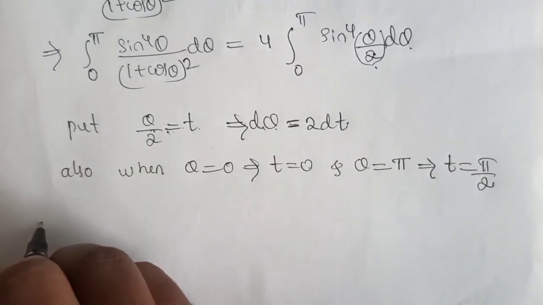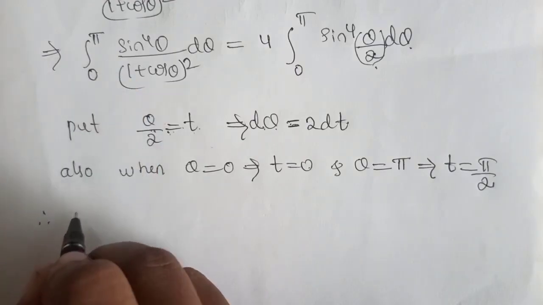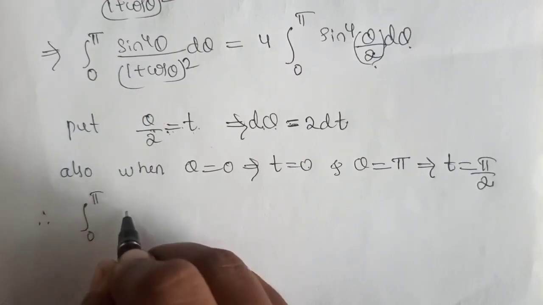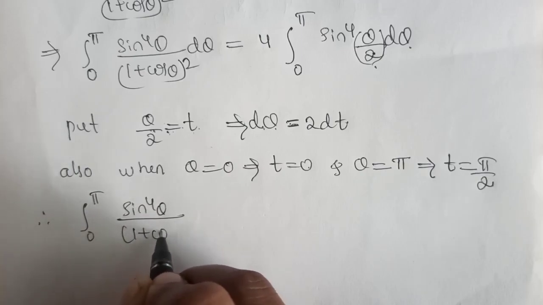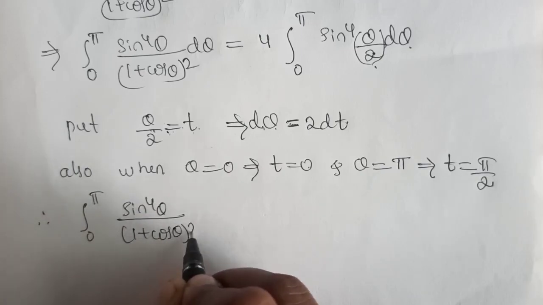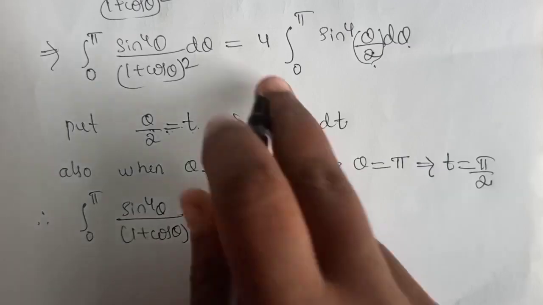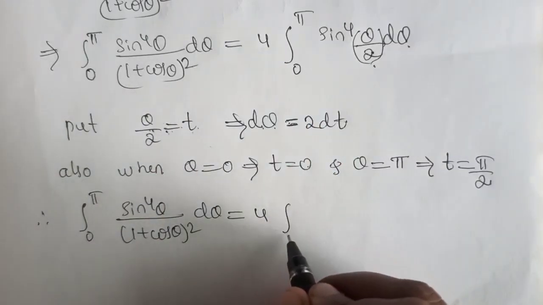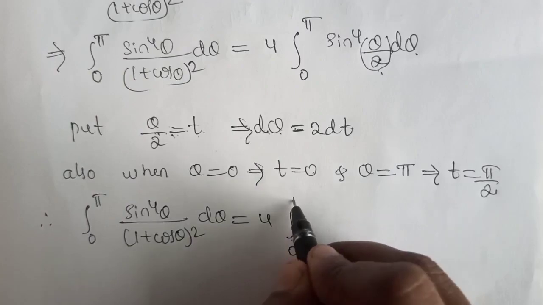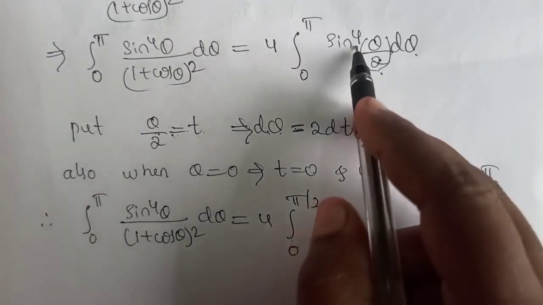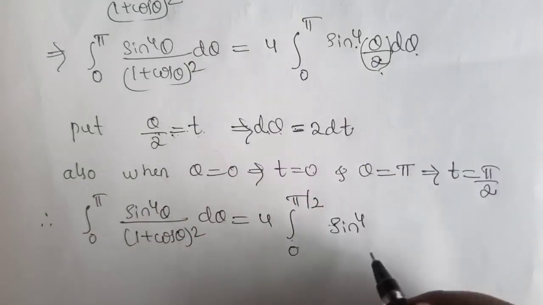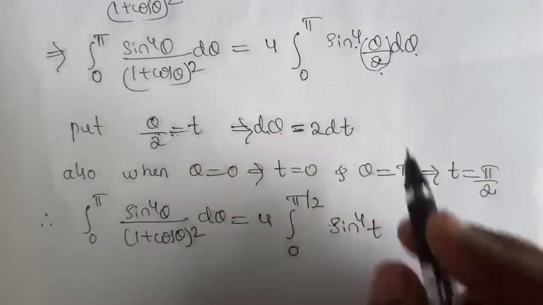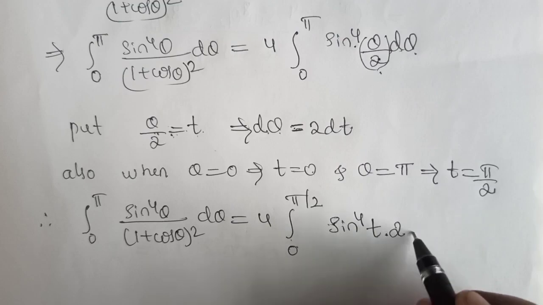Therefore, this can be written as integration 0 to pi sin power 4 theta (1 plus cos theta) whole square d theta, which can be written as 4 times the integral with limits 0 to pi by 2 sin power 4, in place of theta by 2 we substitute t, so into 2 dt.